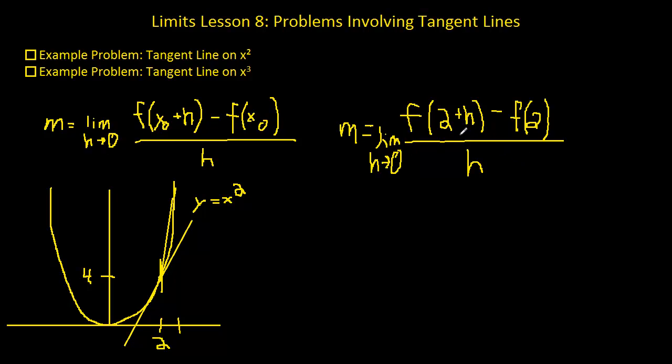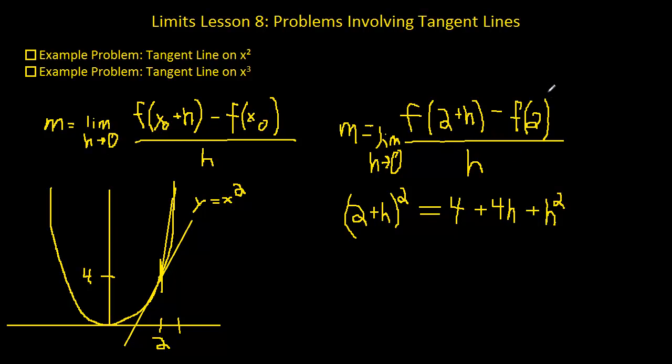Now, let's go ahead and actually do this, and we'll see how easy this problem is. Now, f of 2 plus h means we're going to take 2 plus h and plug it into x here. And so 2 plus h is going to get squared. And if you remember how to multiply using FOIL on here, then you're going to remember we multiply these two together, we get 4 plus 4h plus h squared.